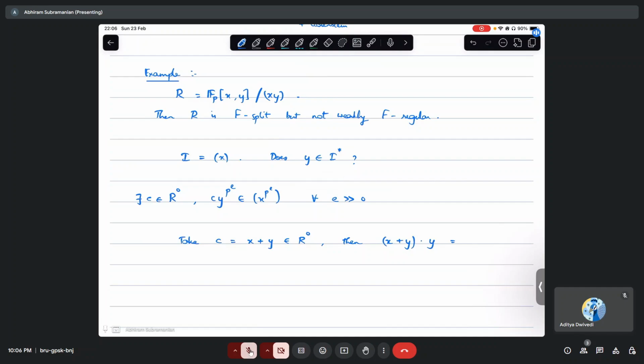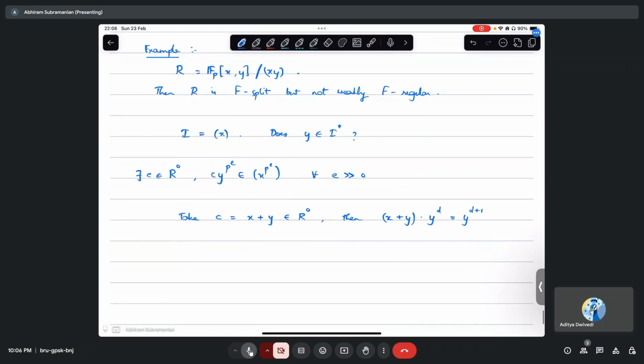In fact, y to the d is y to the d. Maybe if we can show x plus y lies in the tight closure, then x plus y times x plus y to the p to the e is x to the p to the e plus y to the p to the e. You want to show that this belongs to x to the p to the e? That's an equivalent problem anyway.